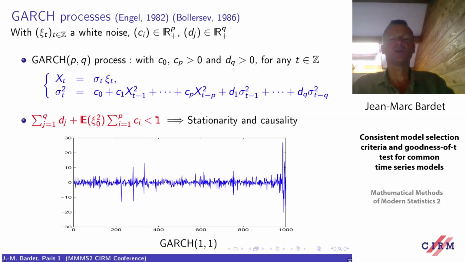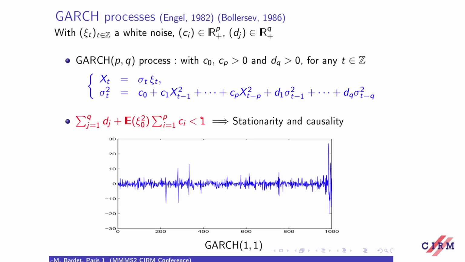And in the beginning of the 80s, Engle and after him Bollerslev proposed a new kind of time series, which are ARCH and after that GARCH processes.